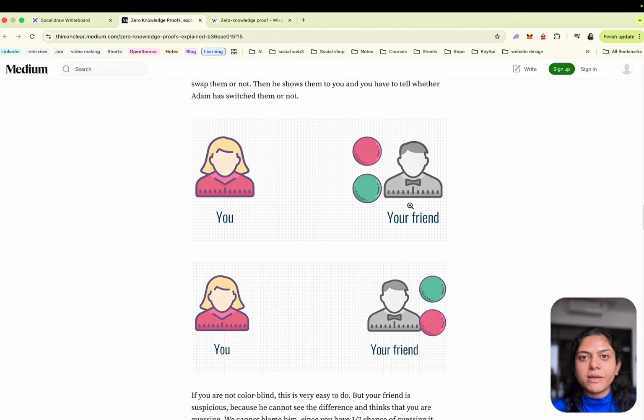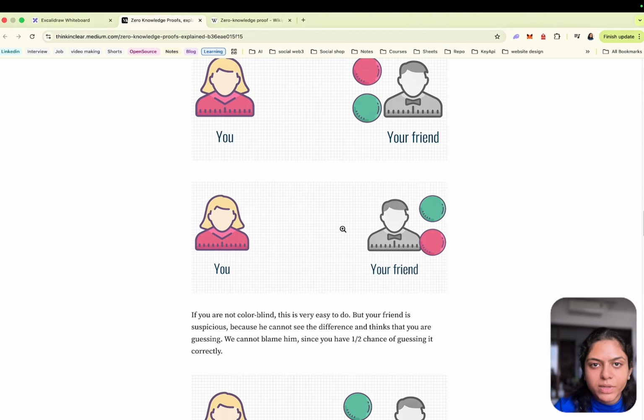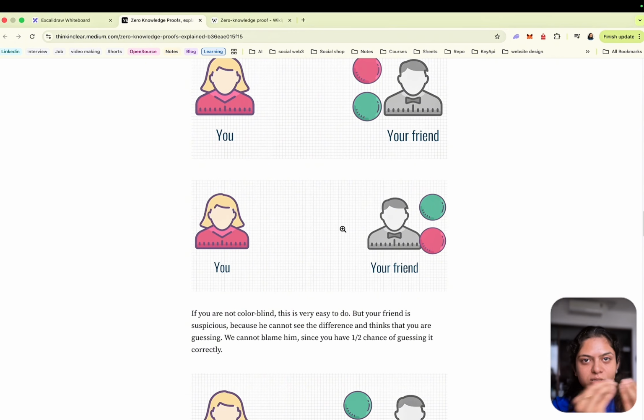First he shows the circles in the pink and green positions like that. He asks me, did I switch or not? Meaning, did I switch these things or not? Then I say, no, you did not switch them, so pink and green are the same. And another time he switches, and how he switches is behind his back, so I don't know how my friend switches.